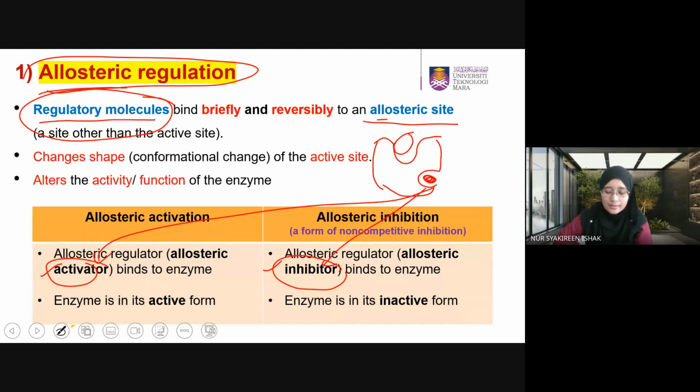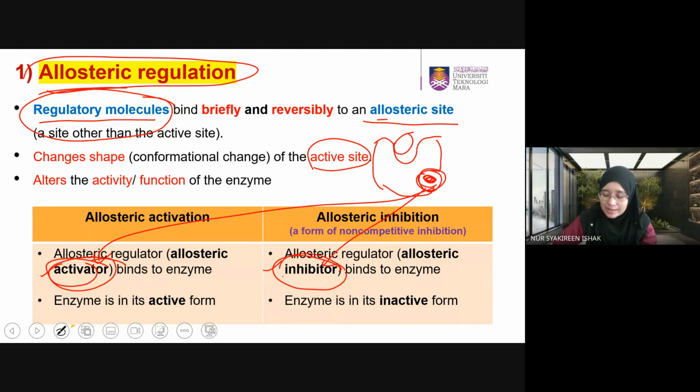The binding of this regulatory molecule causes the enzyme to change shape. When the enzyme changes shape, it also changes the shape of the active site. It depends on the type of molecule that binds. If an activator binds to the allosteric site, it causes the active site to attain the active form so that the substrate can bind.